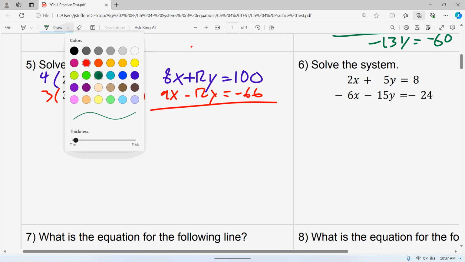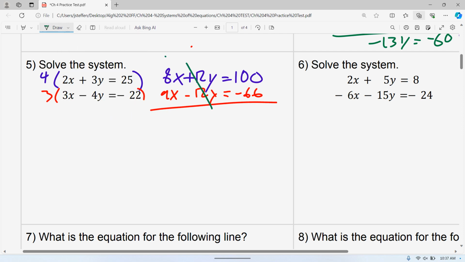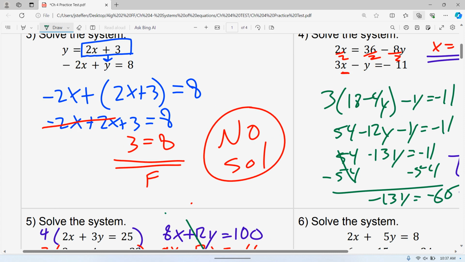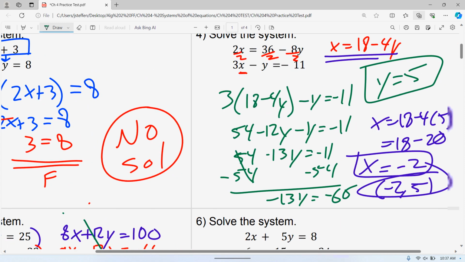My y's cancel. 17x is equal to 100 minus 66, which is 34. Divide by 17, you get your x is equal to 2. Sorry, I was going to check my answer to this last one.